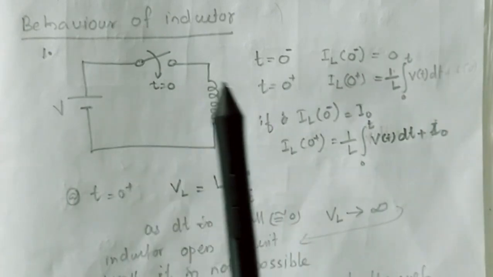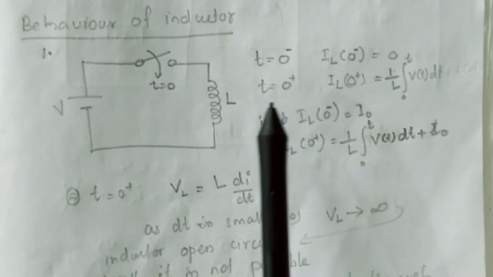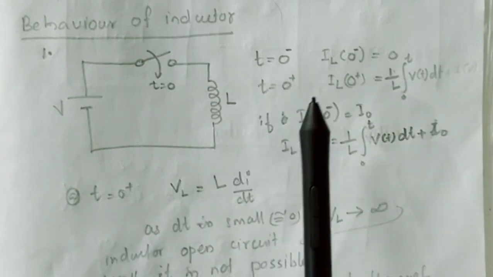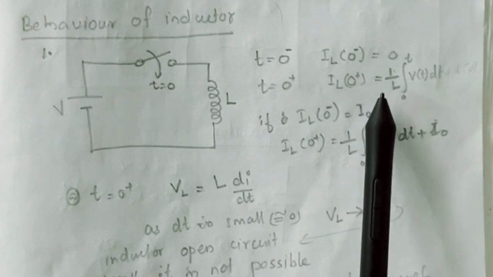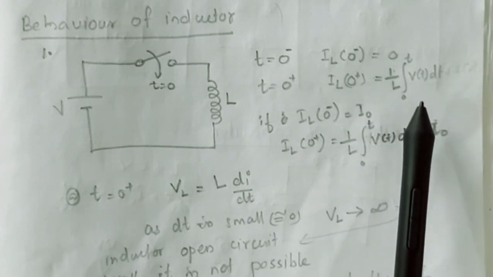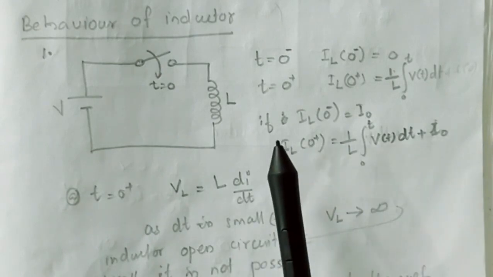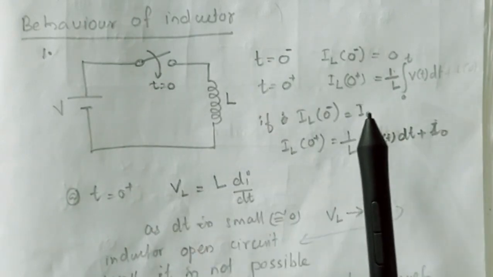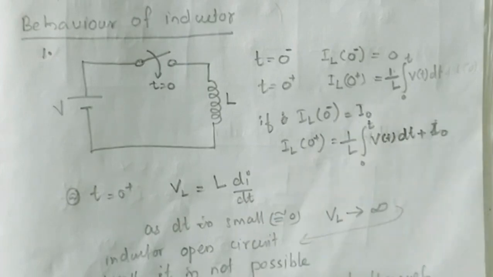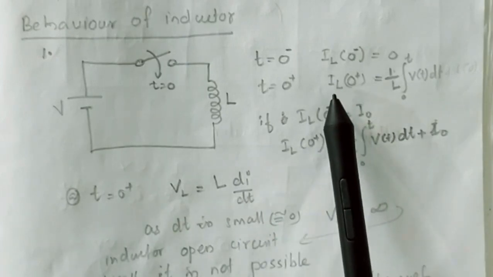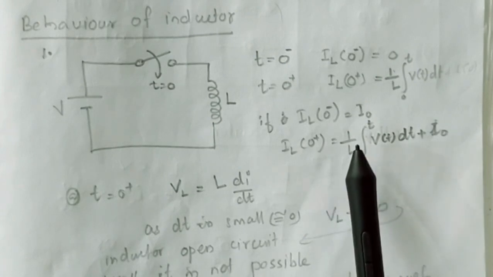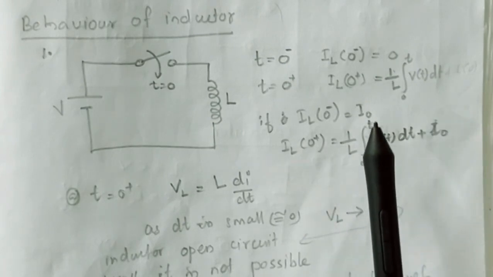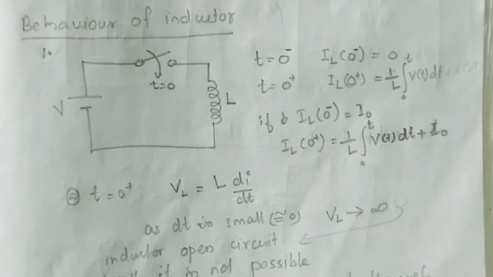Then at t is equal to 0 plus, that is immediately after switching, inductor current, IL plus, becomes 1 by L integral 0 to t Vt dt. If some initial current is there, that is IL0 minus is equal to I0, then we can write IL0 plus is equal to 1 by L integral 0 to t Vt dt plus I0.